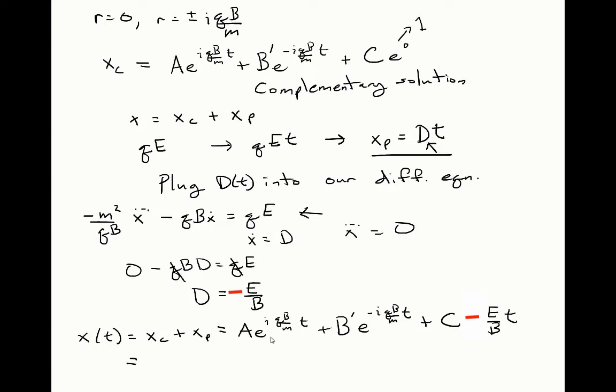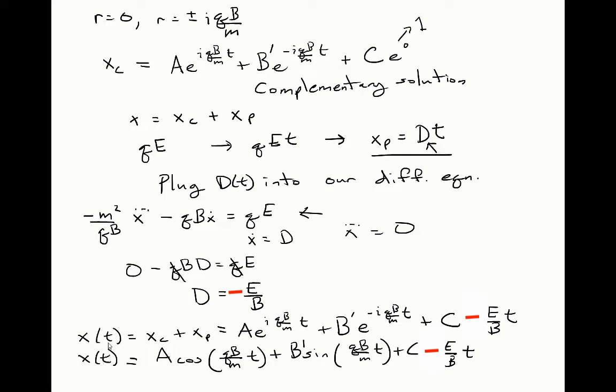Now I rewrote this instead of using exponentials, using sines and cosines. Okay, so that gets us x of t. We still need to find z of t. Well, we know how they're related.